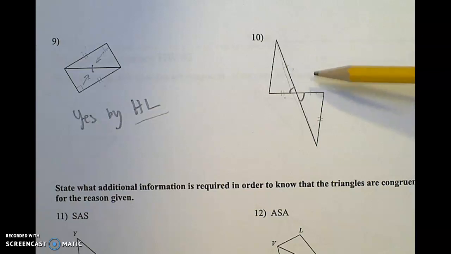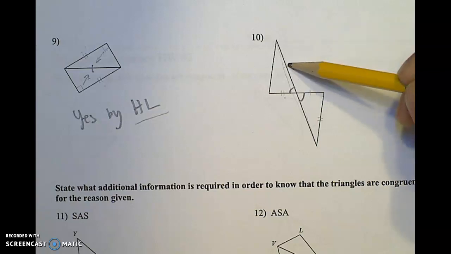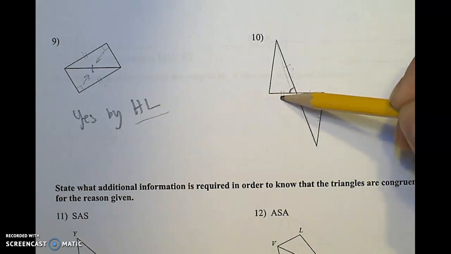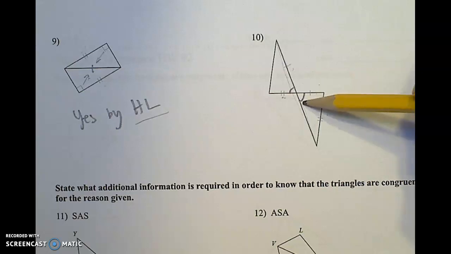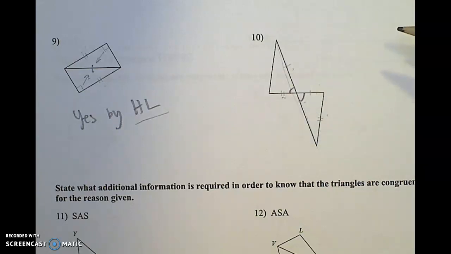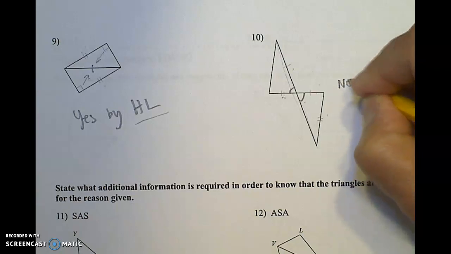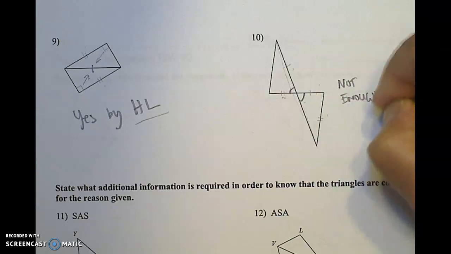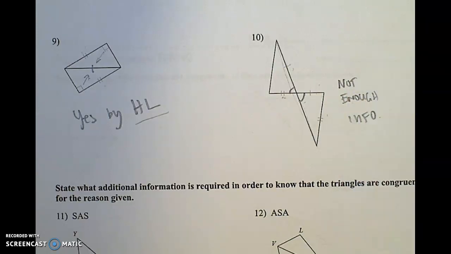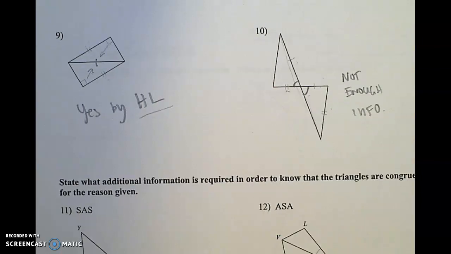We have two sets of sides and an angle. Here we have side, angle, side. And here we have side, side, angle. So while we do have the same tick marks, the arrangement is not the same for both triangles. So we're going to say not enough info. So we cannot say these two triangles are congruent.